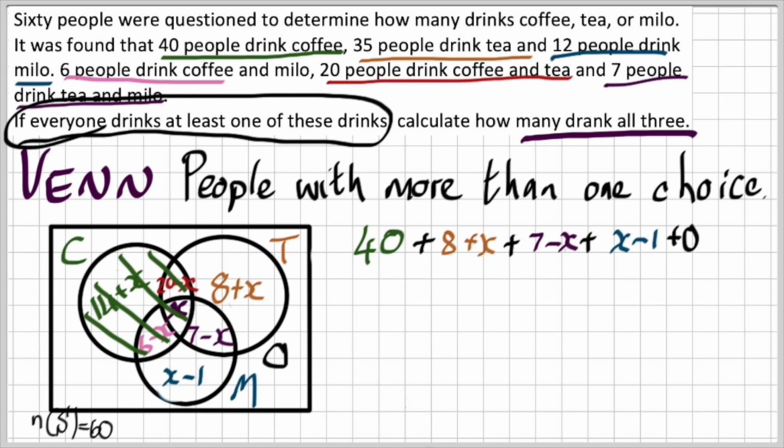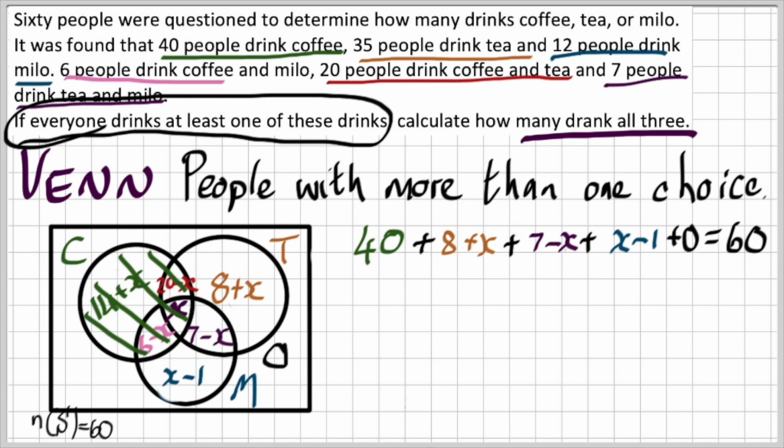So there's going to be 0 people that don't drink any of those drinks. Be careful. You've got to look at those parts outside of your Venn diagram, and all of them together must add up to 60 because that is your sample space.